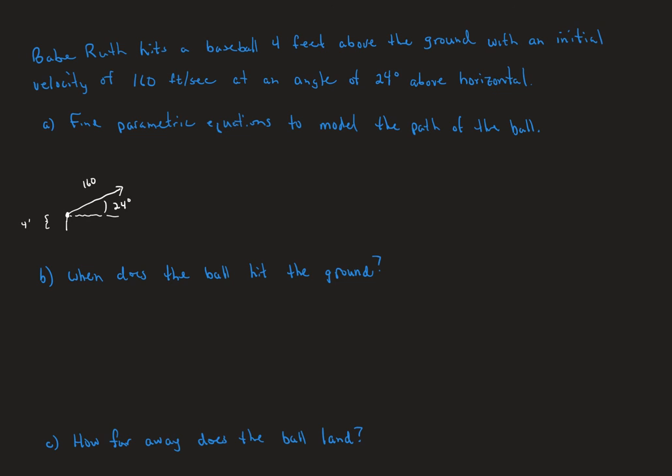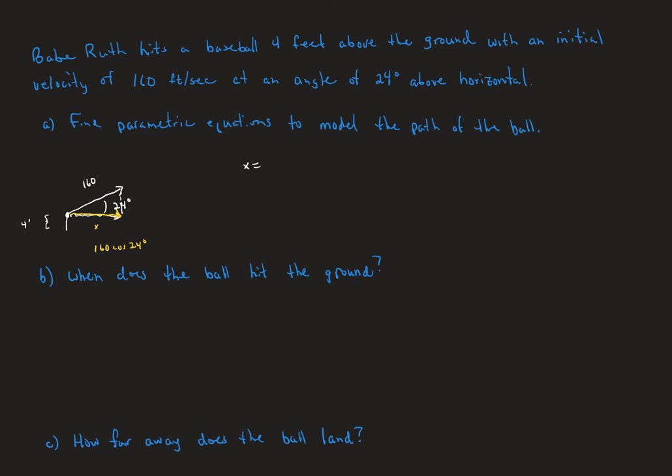So in terms of x, we're going to say there is no air resistance, and so the component of that vector going in the horizontal direction, so that part right here, is going to be 160 cosine of 24 degrees. That's how much of that 160 feet per second is going in the horizontal direction.